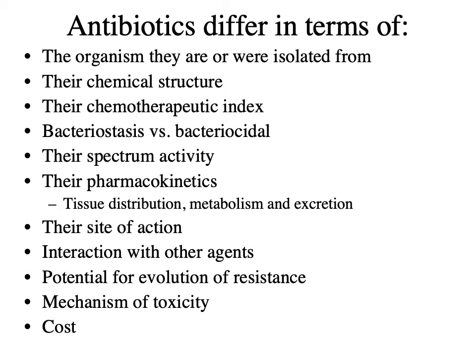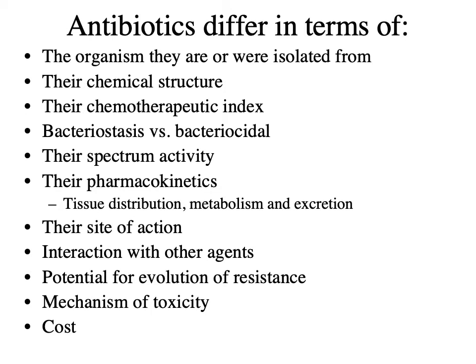Their spectrum of activity, like I mentioned, is it just for a specific type of species or is it for all bacteria? Their pharmacokinetics, that's kind of like how it is moving in the body, at what dose does it need to be concentrated, how fast are your kidneys or your GI tract going to get rid of it? All of those things need to be taken into consideration.